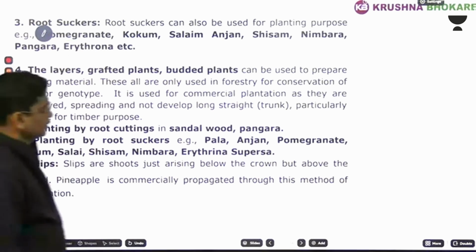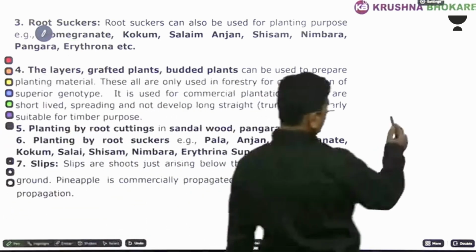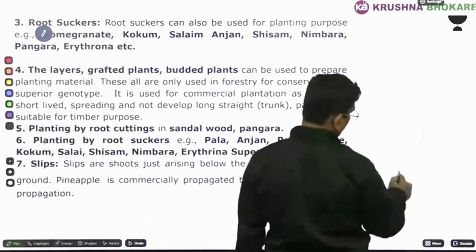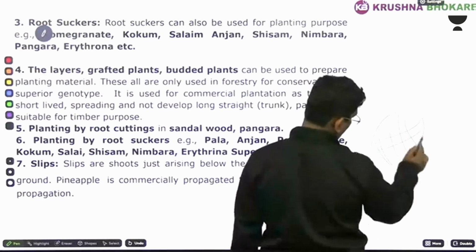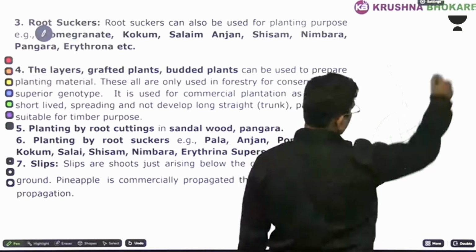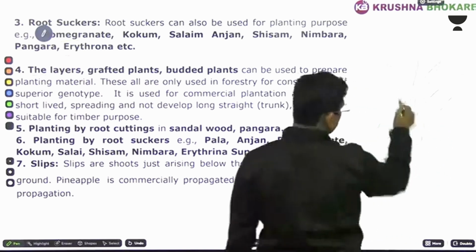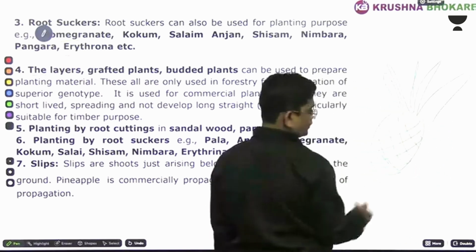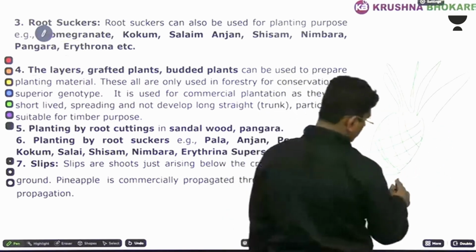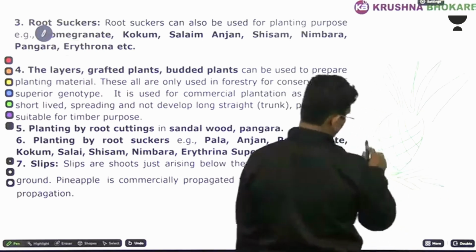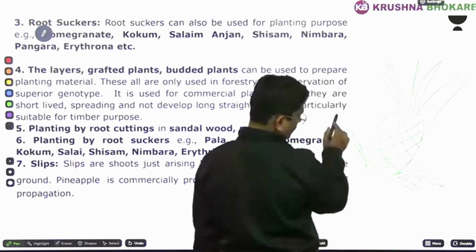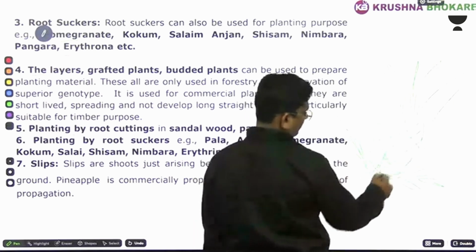Slips. What are slips? Look here, can you identify this fruit? This is the pineapple. In pineapple, there are some new growths at the end, new pineapple plants.